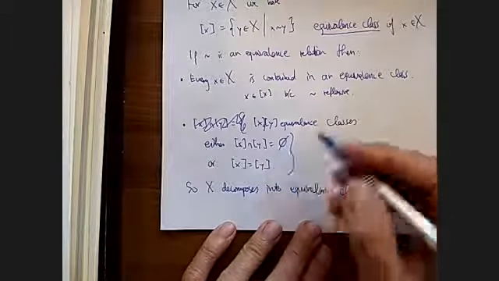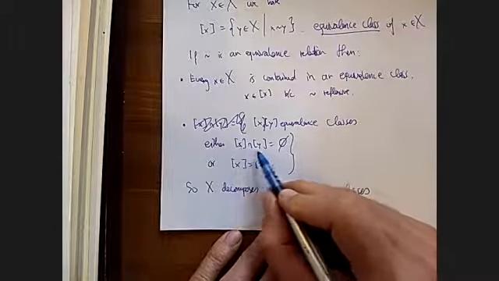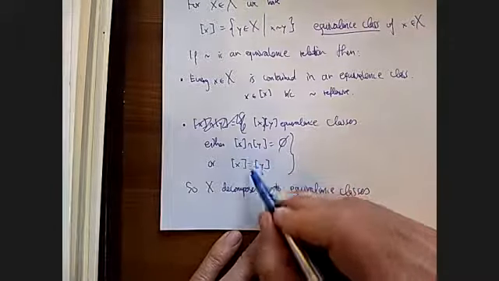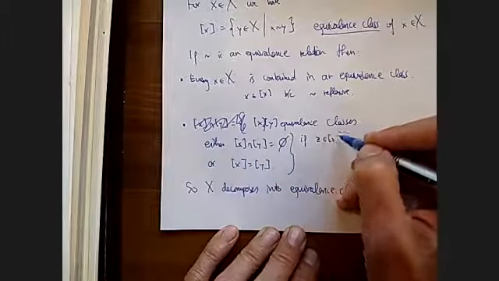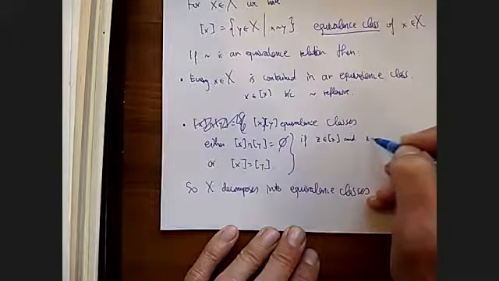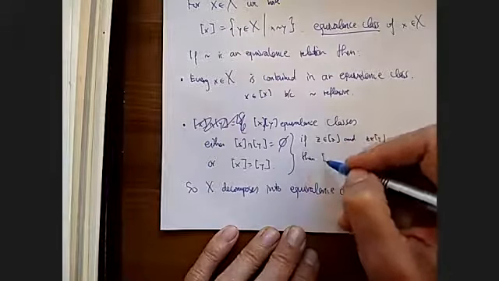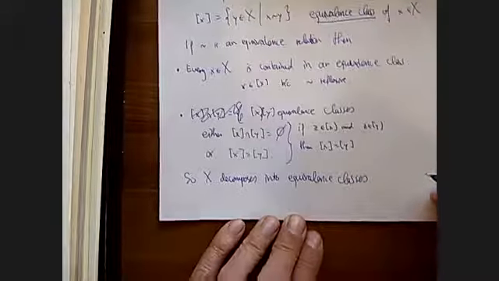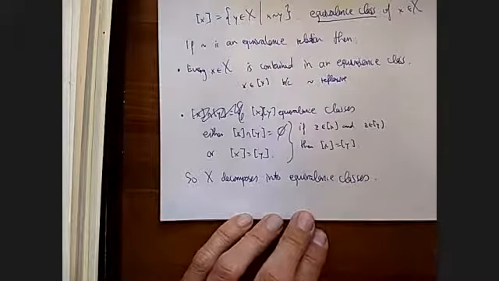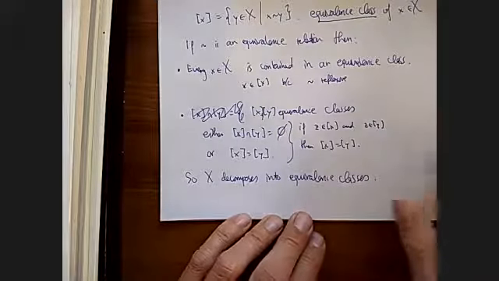What you have to show is that if the intersection of two equivalence classes is not empty, so if you have a Z in [X] and a Z in [Y], then you have to prove that the two equivalence classes are equal. And that's not hard to do. Let me skip the proof of that, though. It's a bit boring.